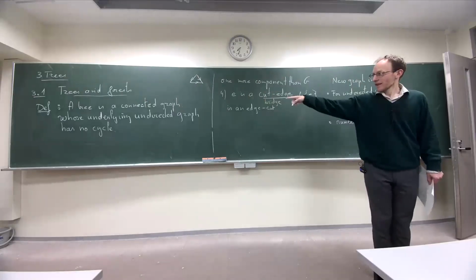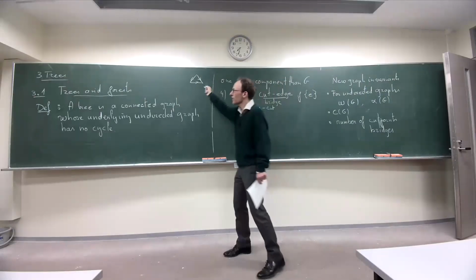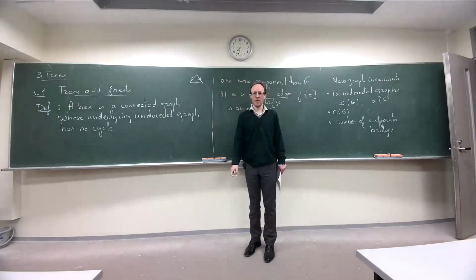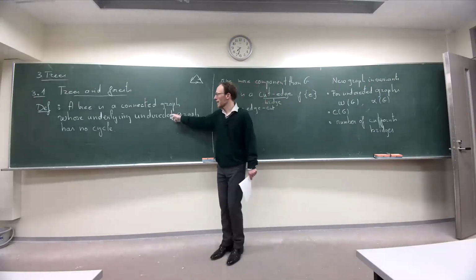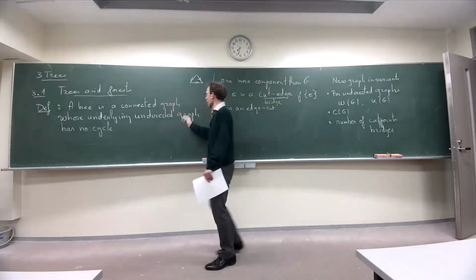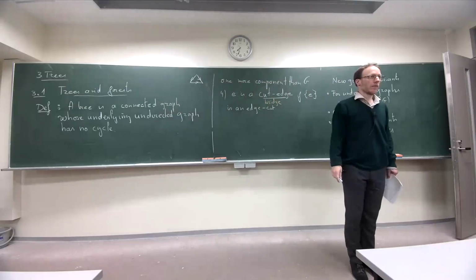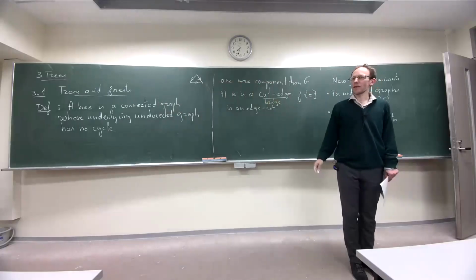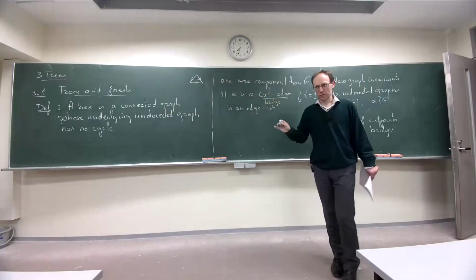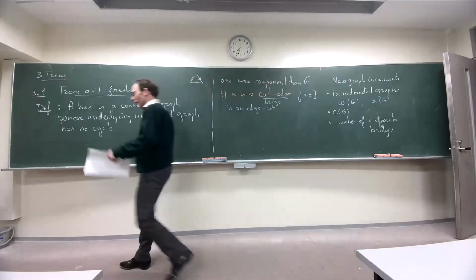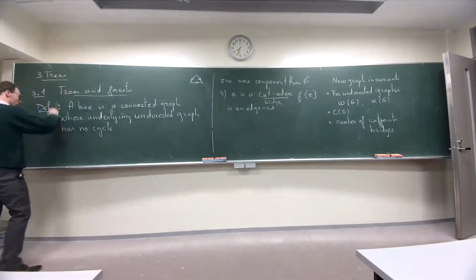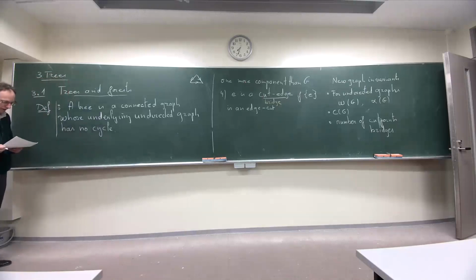But it's not a tree with this definition, because look at its underlying undirected graph, so forget the orientation, then you have a cycle. So it's not a tree, what you expect, still it has no cycle as a directed graph. But this definition works for both.